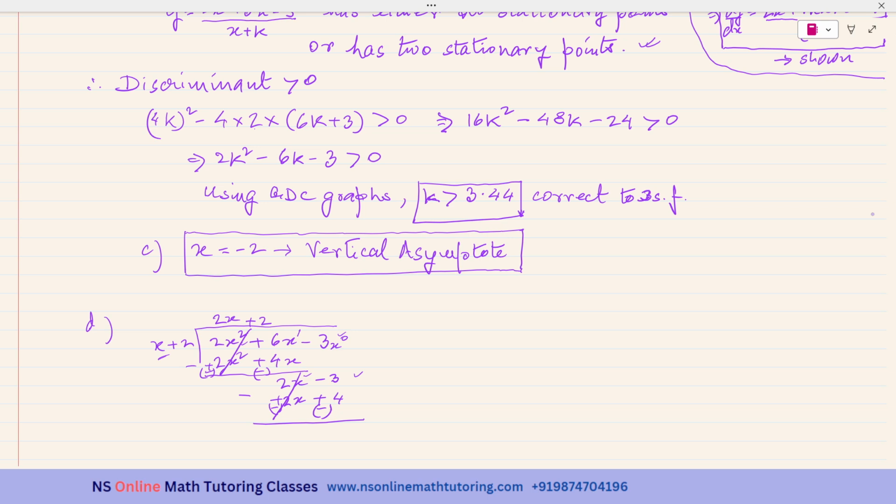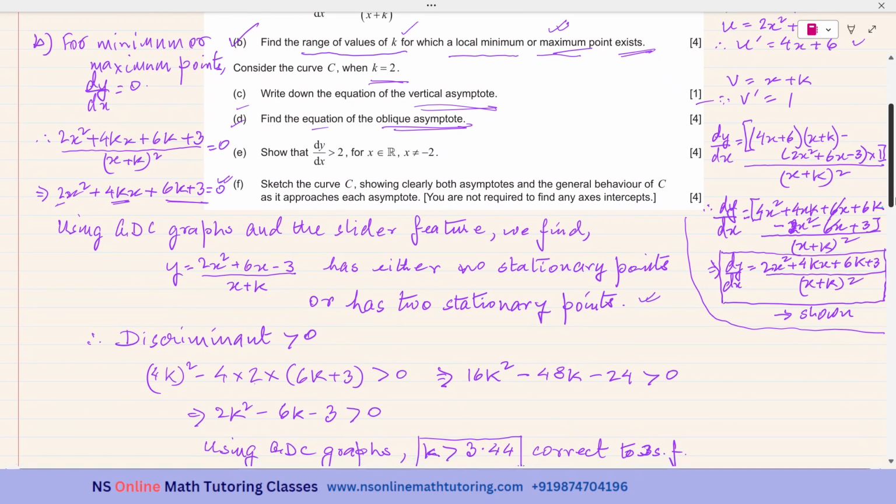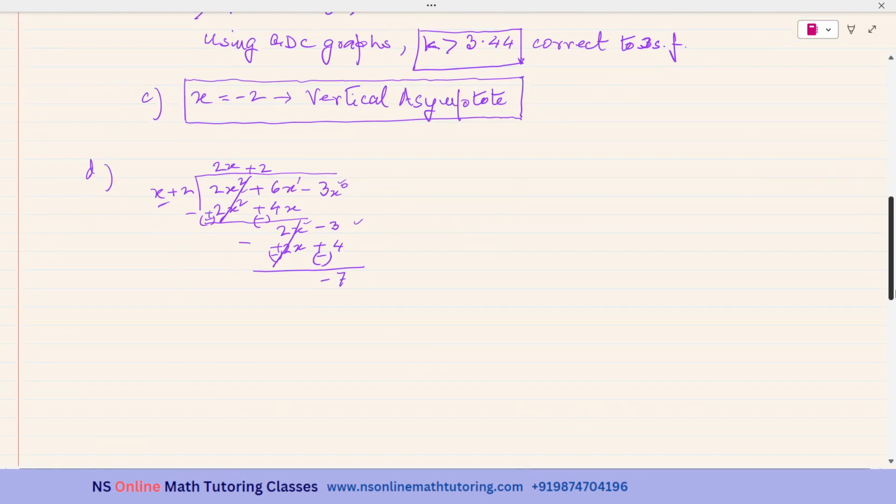And this one is minus 7, the remainder. So therefore, we can write this as... because it is containing 4 marks, doesn't matter, we are required to give the equation of the oblique asymptote.